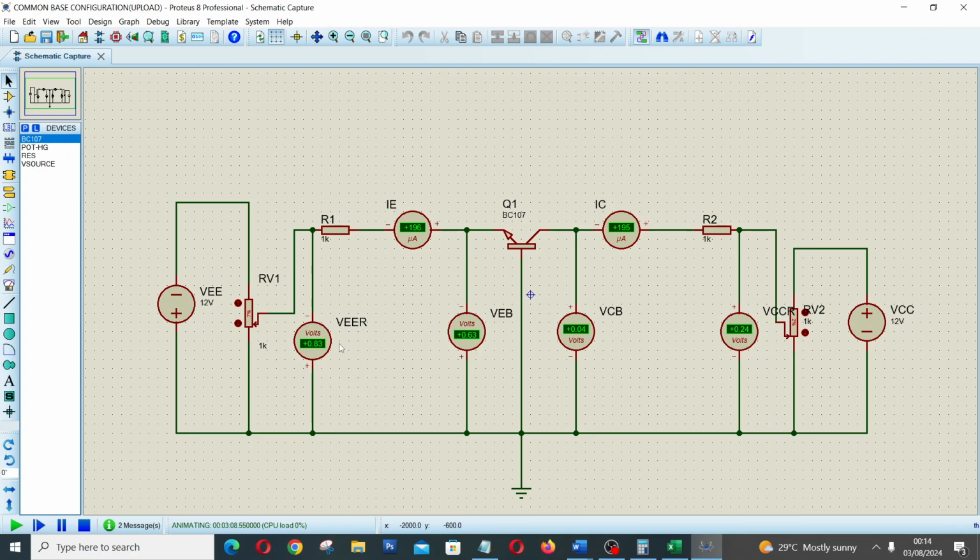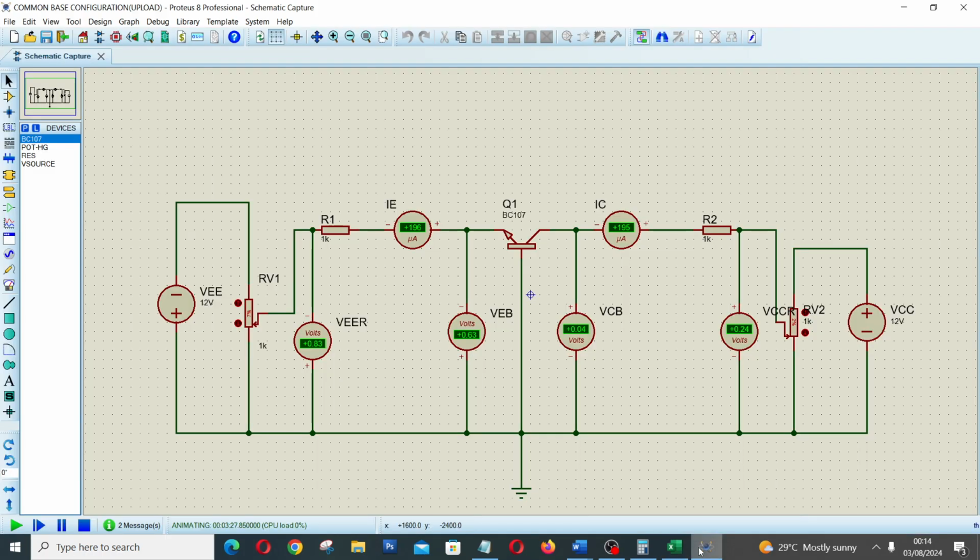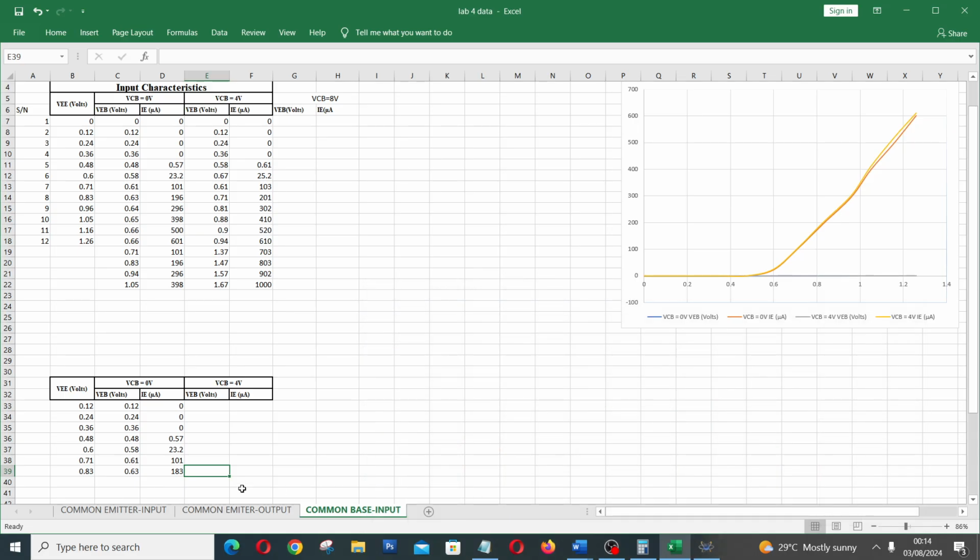So when VEE is 0.83, our VEB is 0.63 and our IE is 196 microamps.